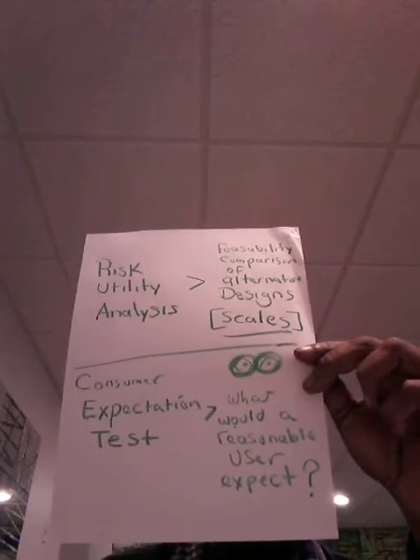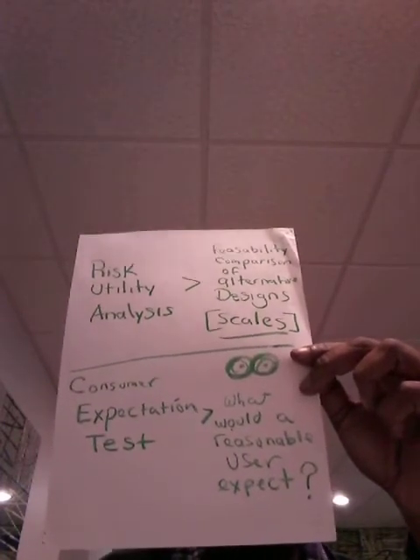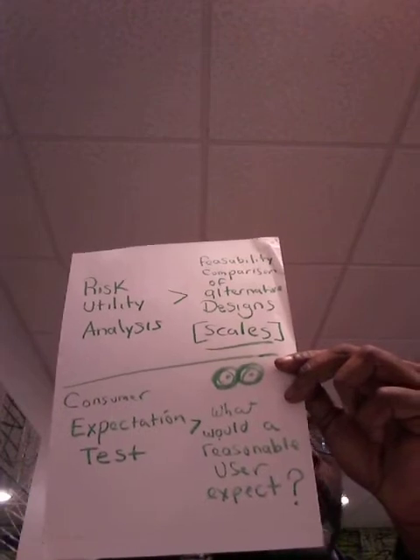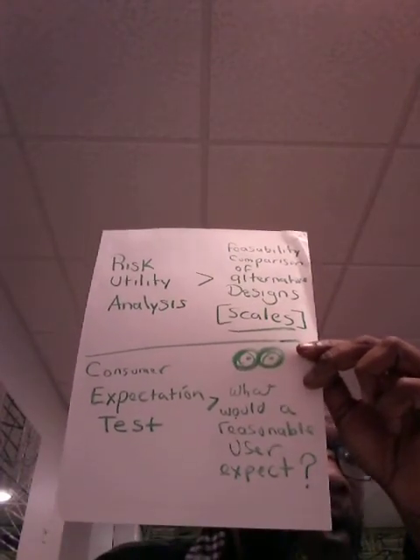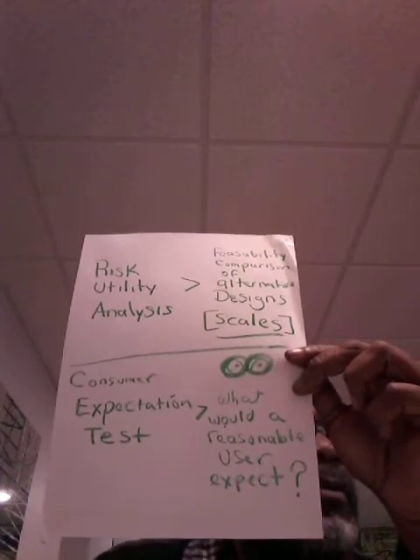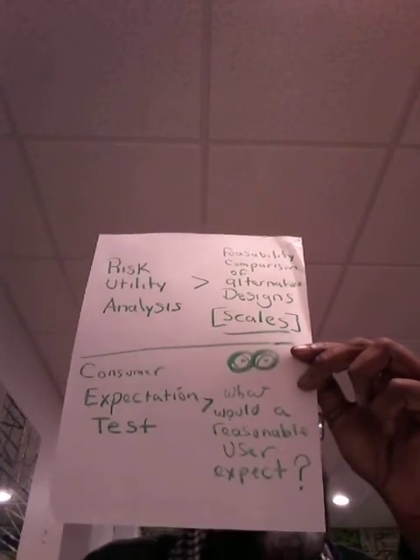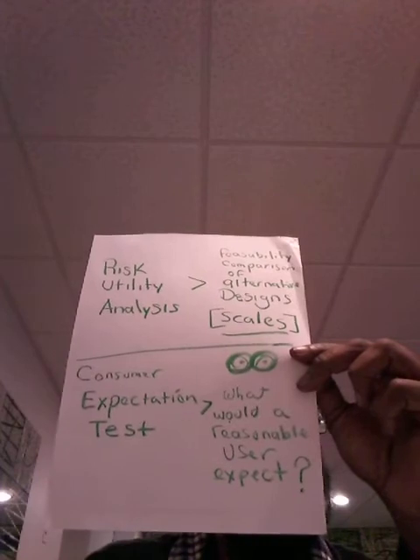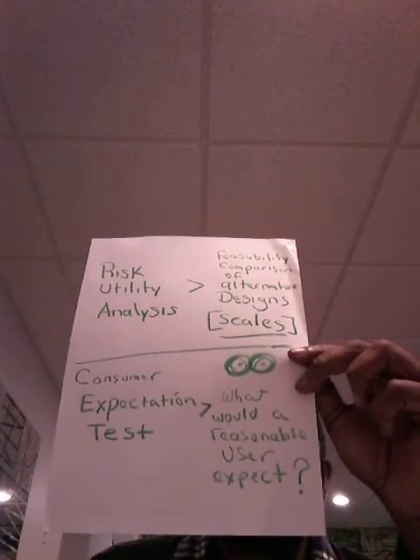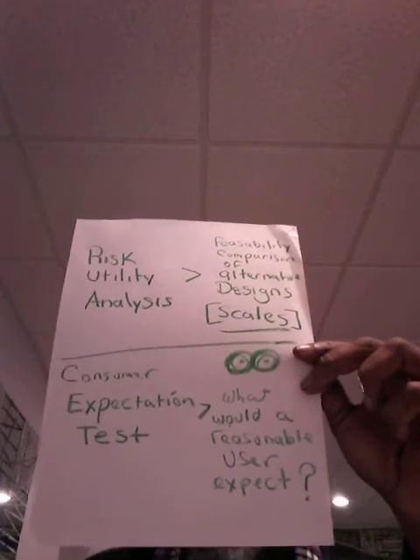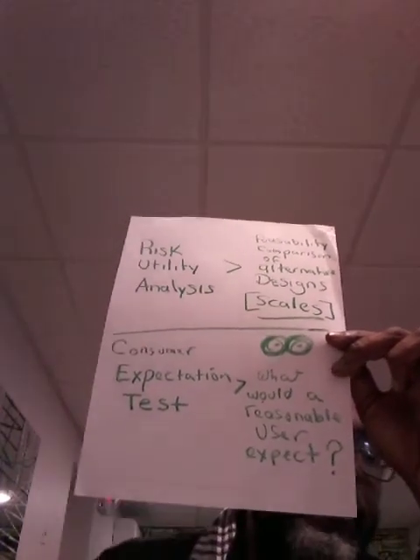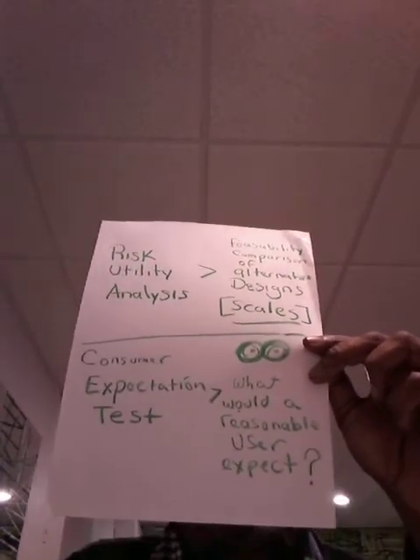If the plaintiff wins, they will have shown that the reasonable or feasible alternative design that they presented was so much better that the use of the defendant's design, which is alleged to have caused the injury, makes that product unreasonably dangerous.